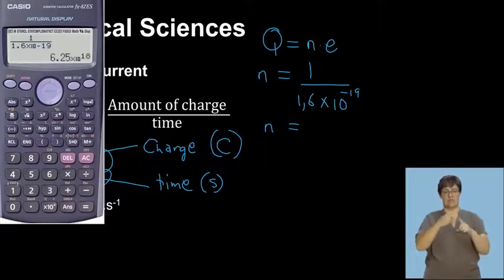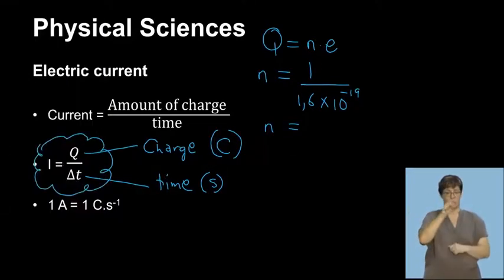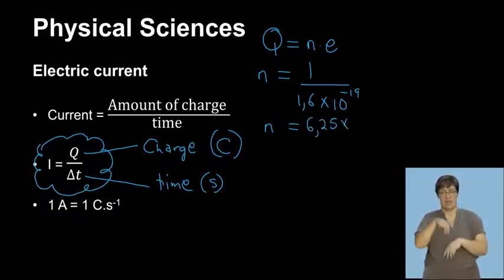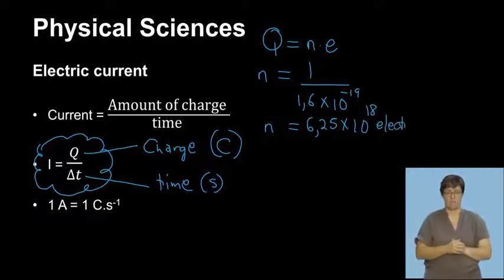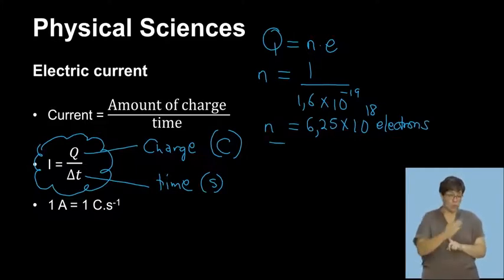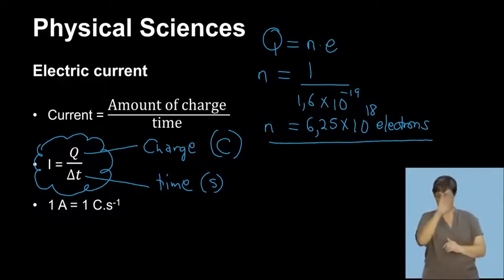We get 6.25 times 10 exponent 18 electrons. In other words, for us to have an ampere of current, that number of electrons must pass through a point in a conductor in 1 second. So we're trying to link what we already know to the new knowledge.